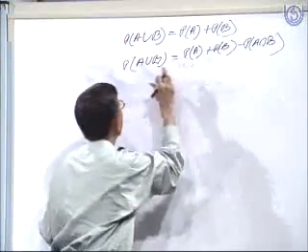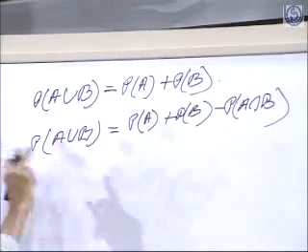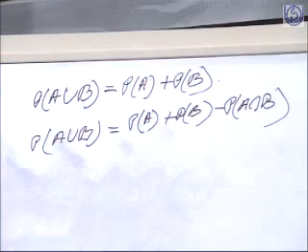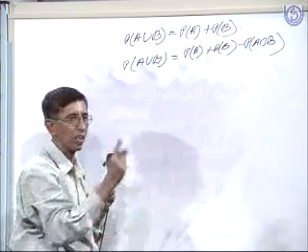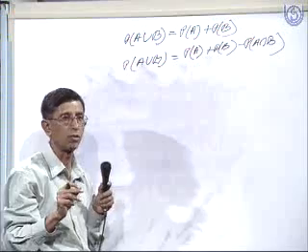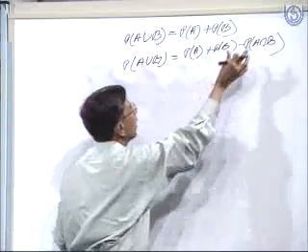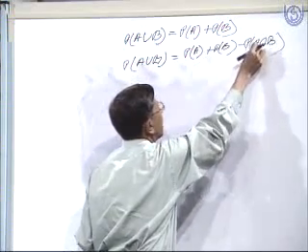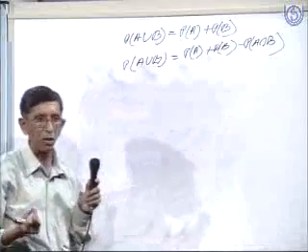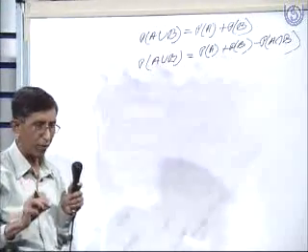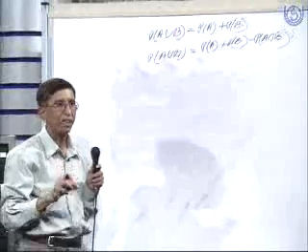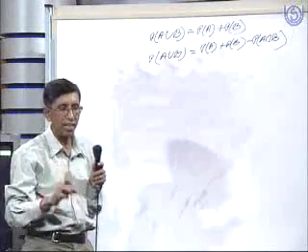Alright. So in order to find out the probability of the occurrence of either A or B or both when the two events are not mutually exclusive, we need to know how to find the probability of A and B. Now the theorem that concerns finding the probability of A intersection B, or A and B, is what is known as the compound theorem of probability or the multiplication theorem of probability.